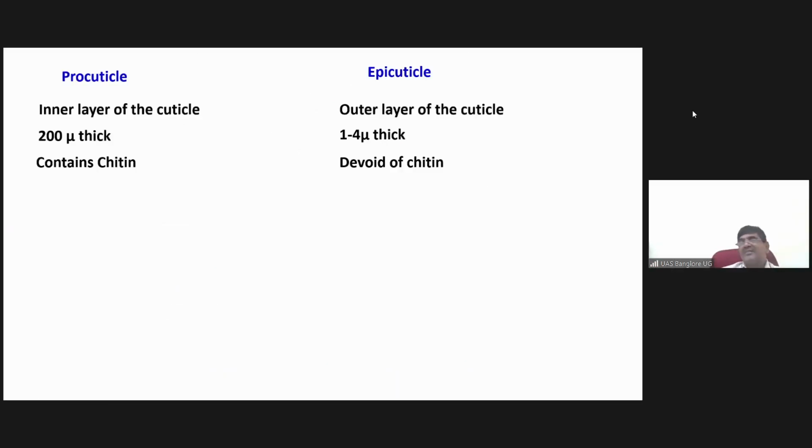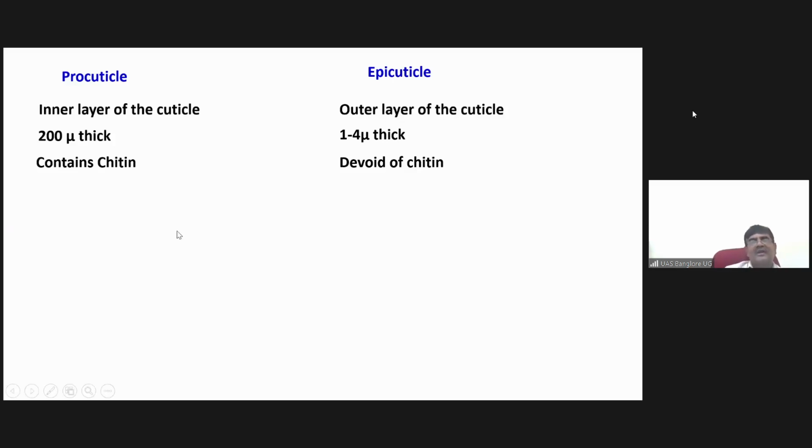So what is the difference between the procuticle and epicuticle? As I explained in the previous slide, the procuticle is the innermost layer of the cuticle, whereas the epicuticle is the outermost layer.